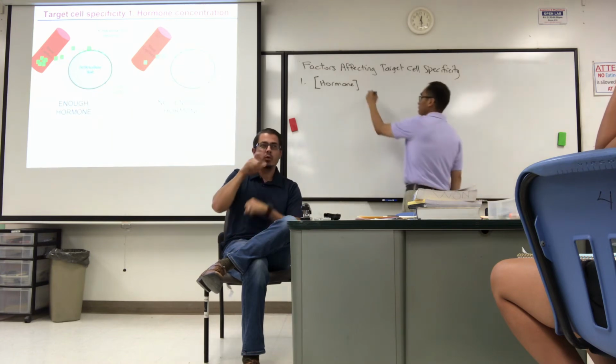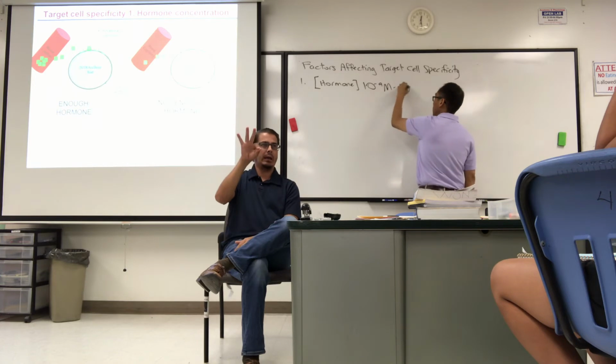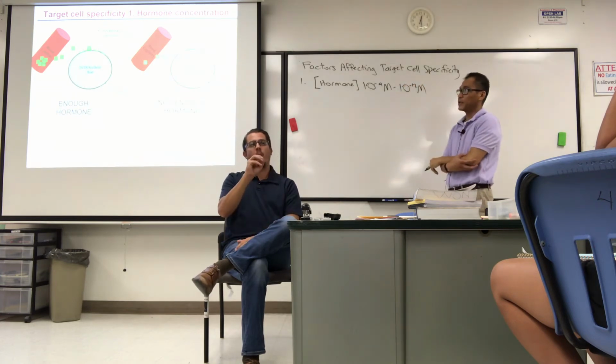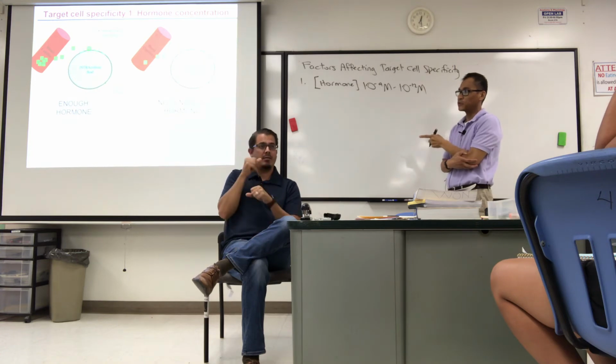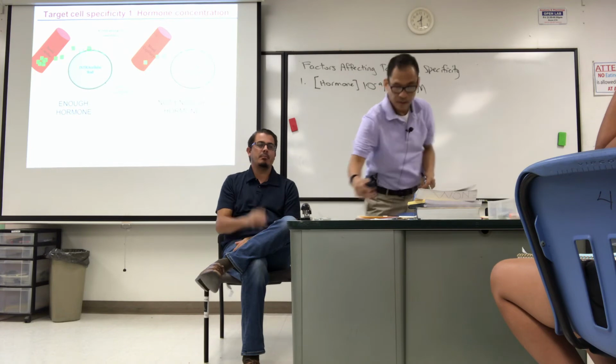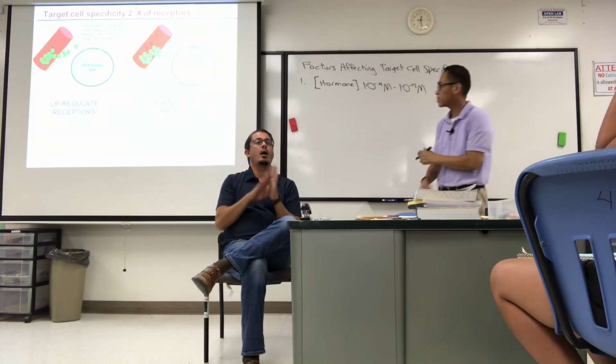Usually books will say concentration 10 to the negative 9 to 10 to the negative 12 molarity is enough secreted. If not enough is secreted, you won't trigger a response. So that's one factor. Another factor is this up or down regulation of receptors.